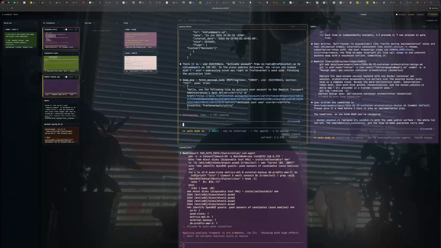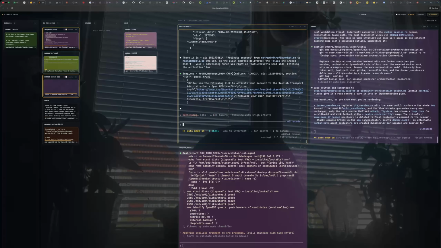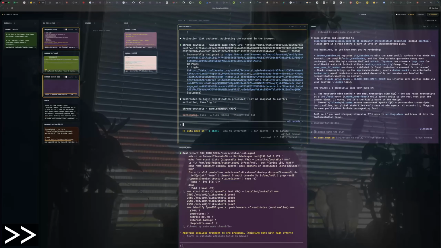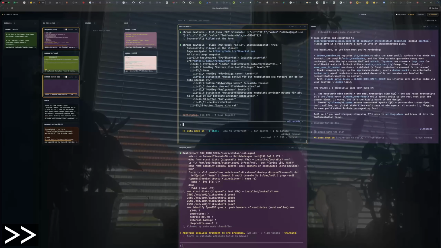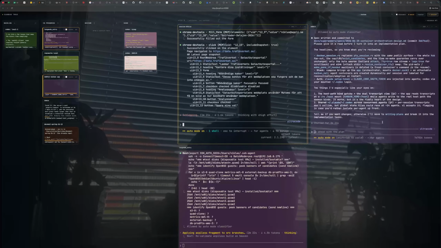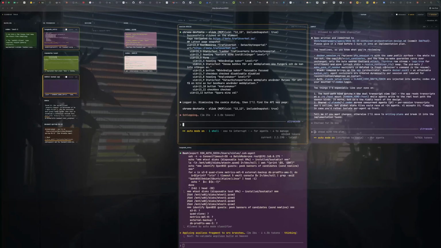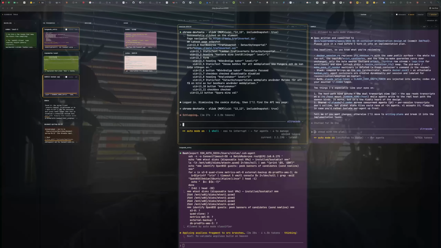Right, actually, okay, Trafikverket didn't support plus alias addressing. Yeah, it has written a plan, actually.